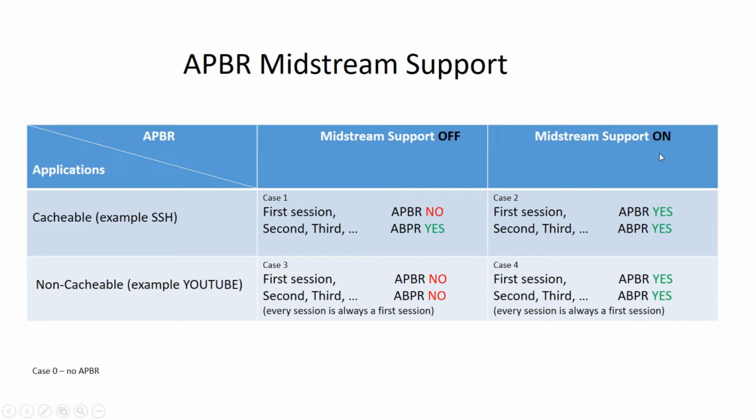There is a lot of confusion out there in the field about midstream. So let's try through this demo to clarify what midstream is and how it can help us to achieve APBR in cases where we have cacheable and non-cacheable applications. So let's get started.